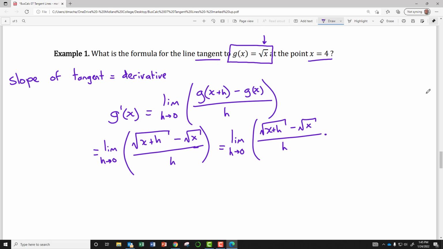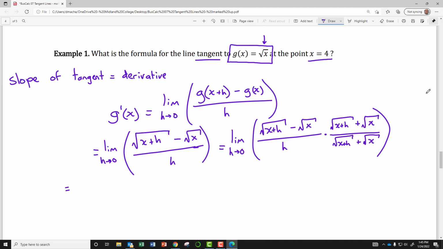And so on the top, we're going to multiply by square root x plus h plus square root x. And on the bottom, let's multiply by the same thing. Since it's the same on top and bottom, it's the same thing as multiplying by 1. And you know that multiplying by 1 doesn't actually change the value of the expression, so we are good to go here.